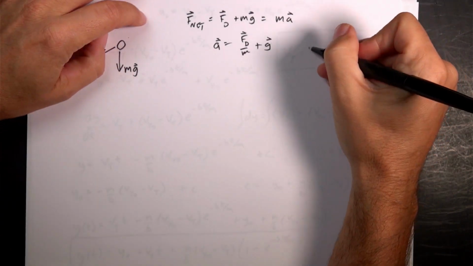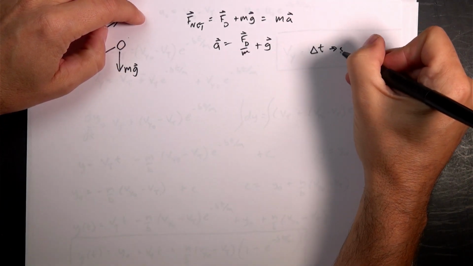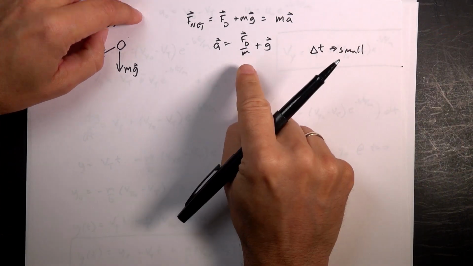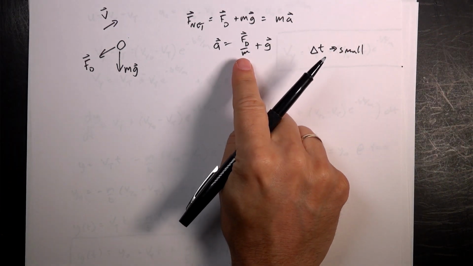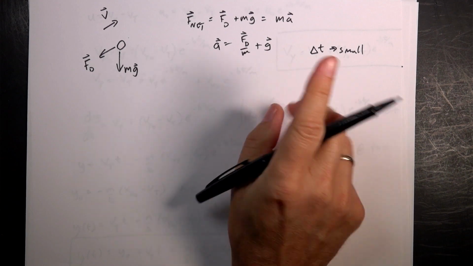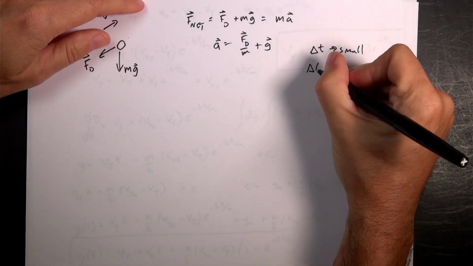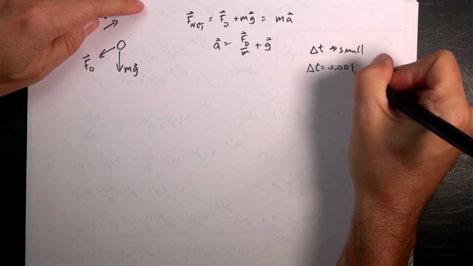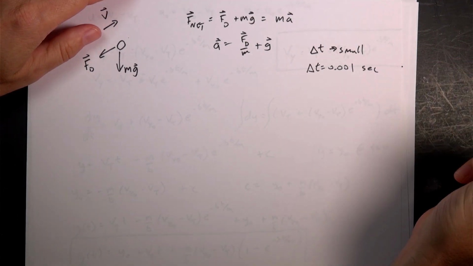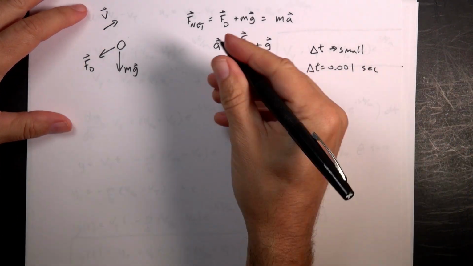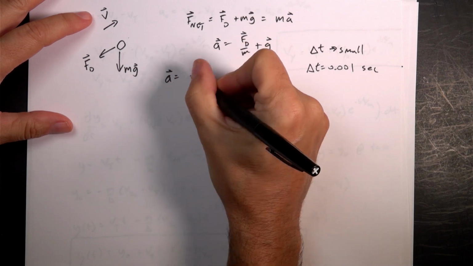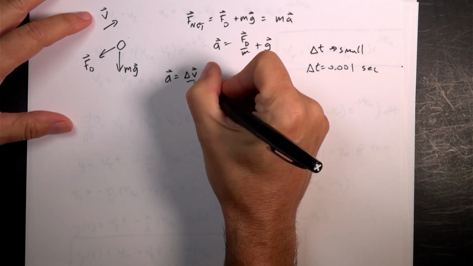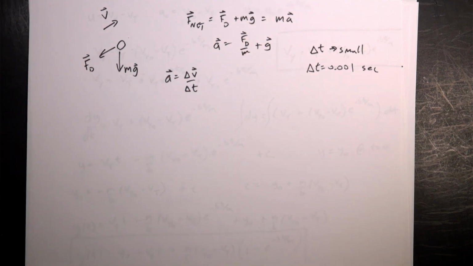Now, if delta t is small, then I can assume this acceleration is constant, which it's totally not constant. But let's just say it is. So let's say delta t is 0.001 seconds. That's a pretty short time. And if that's true, then I can write the acceleration as delta v over delta t instead of a derivative, a finite difference.